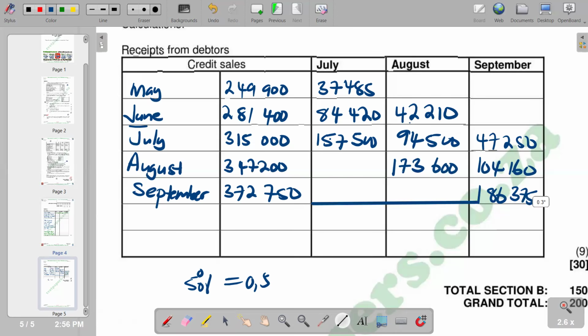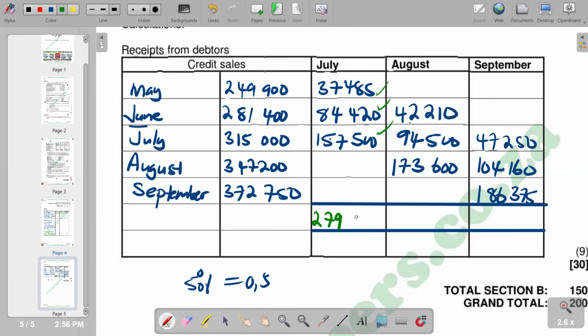With that, we can now calculate the total receipts from debtors. We can just underline here. For the July column, we add 37,485 plus 84,420 plus 157,500 to get a total of 279,405.